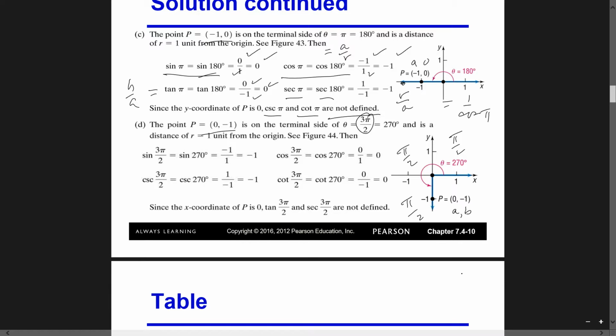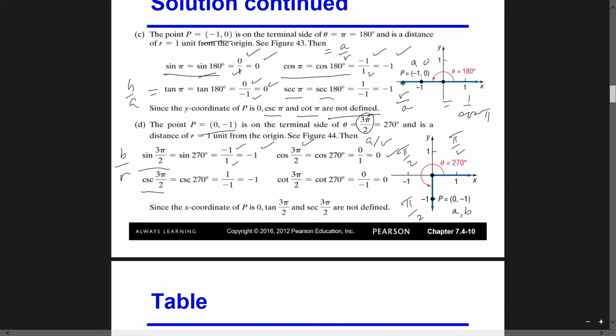So now sine of 3 pi over 2 is going to be b over r. It's minus 1 over 1, equal to minus 1. Cosine of 3 pi over 2 is going to be a over r, which is 0 over 1 equals 0.